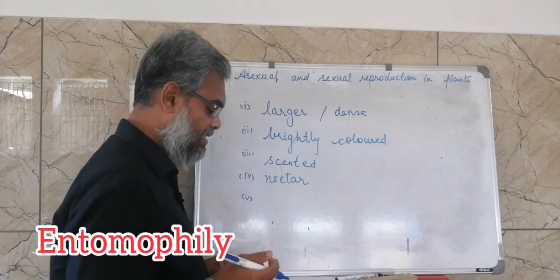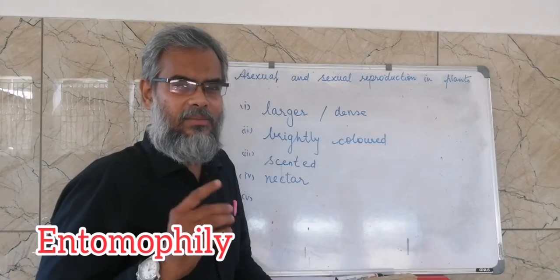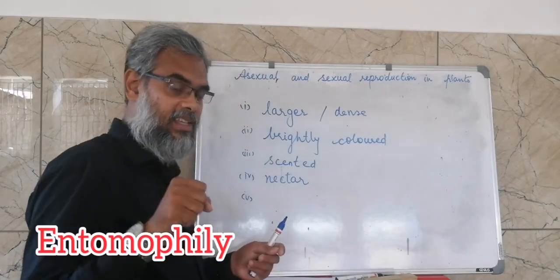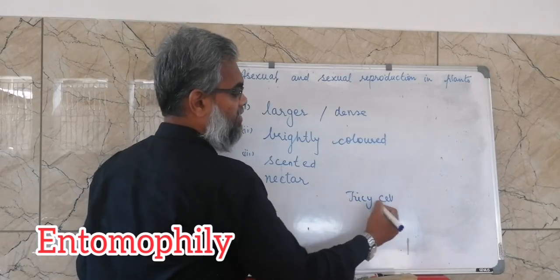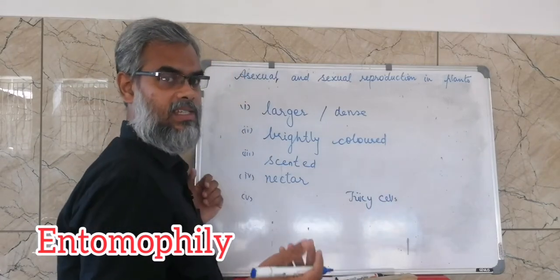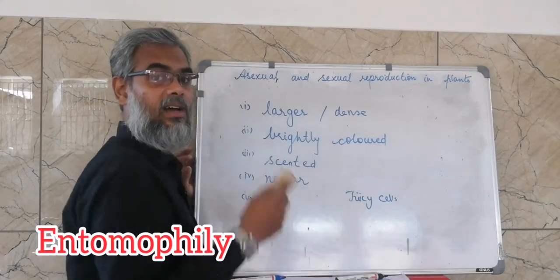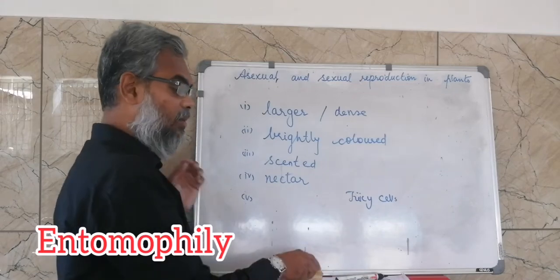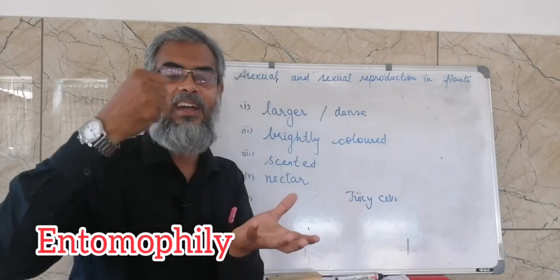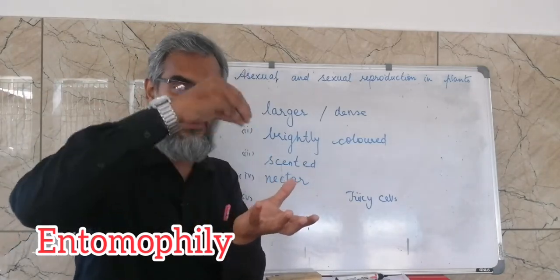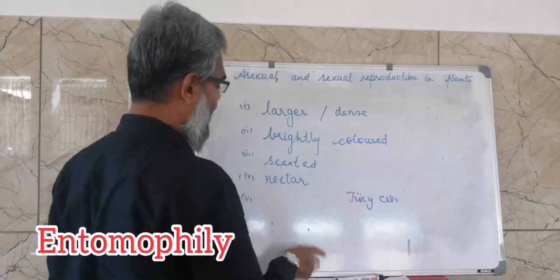Then flies and beetles, when they come, these flowers will have somewhat foul odor, some smell to attract the beetles. Some juicy cells are also present in these entomophilous flowers. So now it is ready, brightly colored, so that the insects come, take the pollen, and transfer it from this flower to another flower. So pollination occurs. This is entomophily.